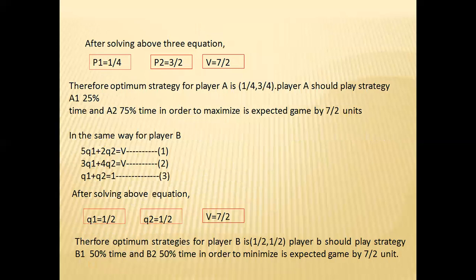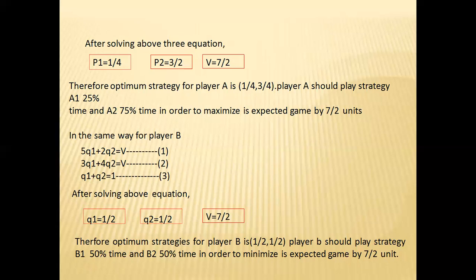Upon solving, we get 1 by 4, that is 25 percent, and 3 by 4, that is 75 percent. 25 percent of the time will be played by A1 and 75 percent of the time by A2, and the expected value of this game is 7 by 2 units.